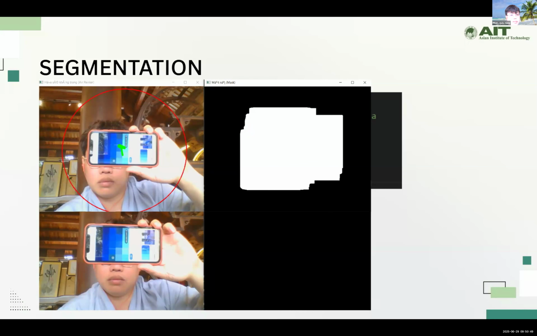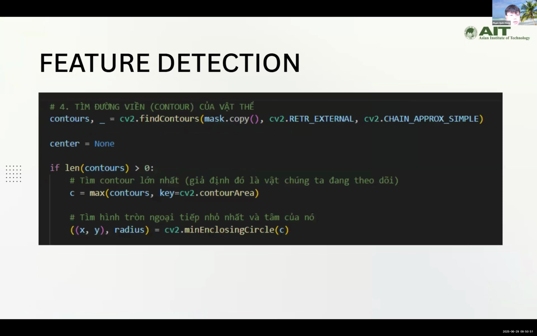After I do the segmentation, I do the feature detection. Very luckily, I didn't put any image here, so I can show the code. You see the contour is like the treasure. I try to recognize all the treasures, all the things that may be the object I'm trying to draw.